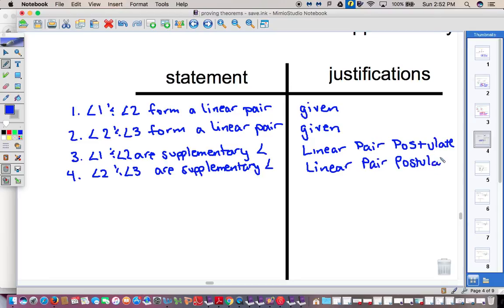Okay, the next piece of information that we're going to use is the definition of supplementary. And I'm really hoping that you guys start seeing a pattern here. Okay, so by definition of supplementary, we can say that the measure of angle 1 plus the measure of angle 2 equals 180 degrees. And that's by definition of supplementary angles.